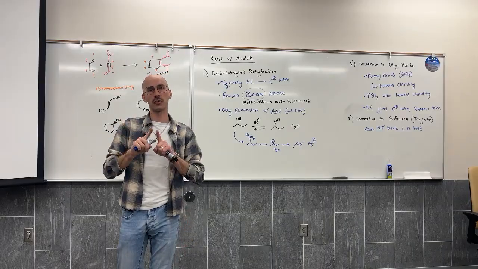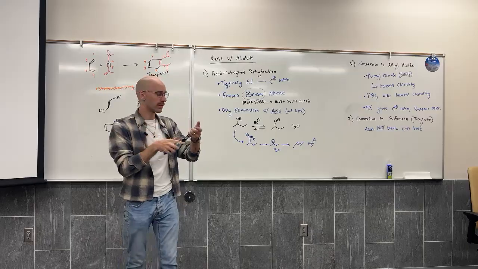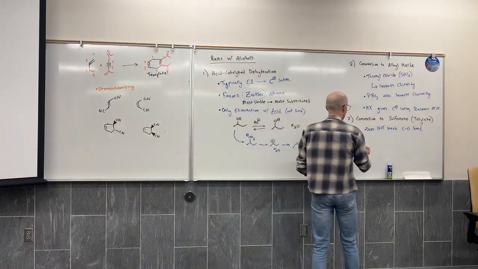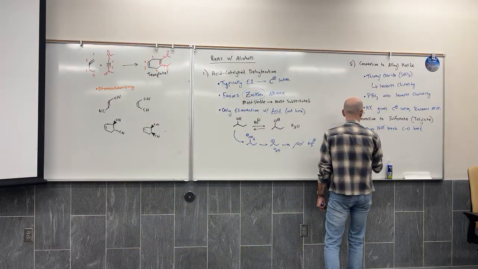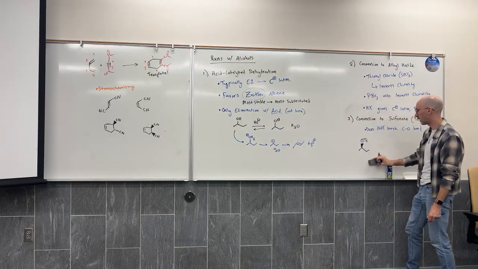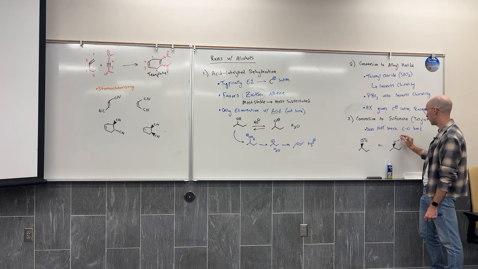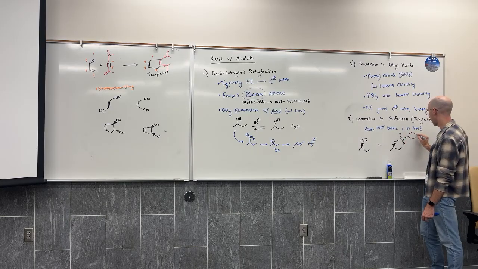What it's actually doing is swapping the OH for the OTs. And in case you guys are confused about what OTs looks like, I will draw out the structure of Ts, and I think you will agree that it makes more sense to just draw it as Ts.